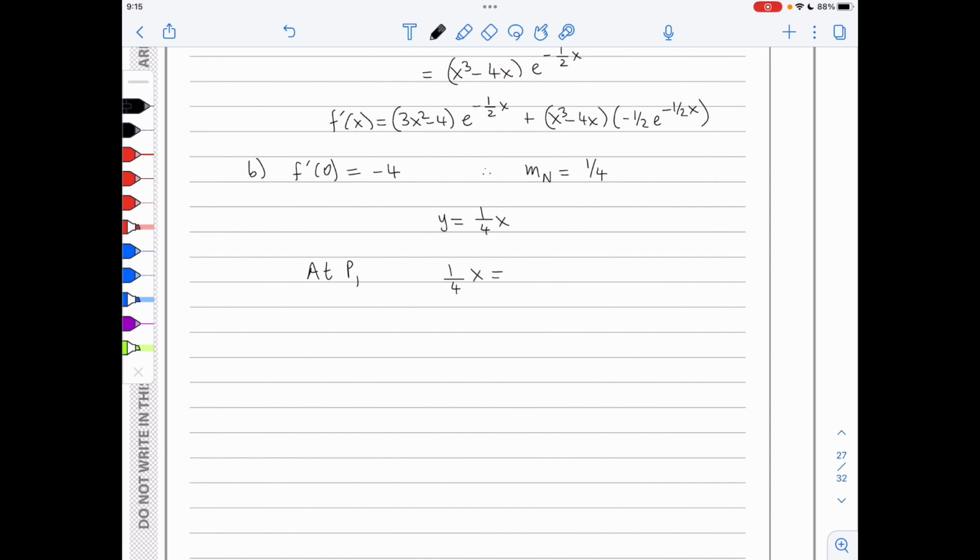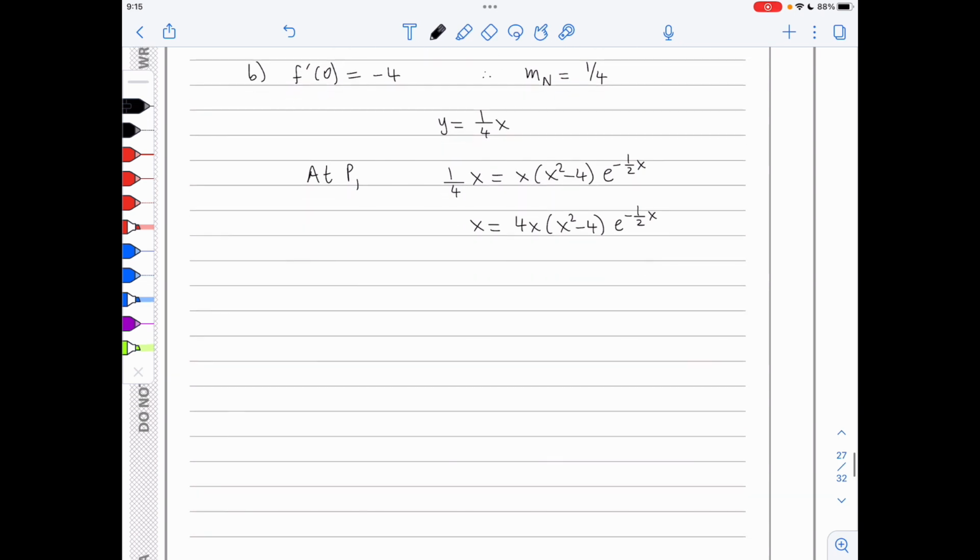So a quarter x is x brackets x squared minus 4 e to the minus a half x. So I will start by getting rid of the over 4, which means that x is 4x brackets x squared minus 4 e to the minus a half x. I will collect everything on the right hand side to give me 0 is 4x brackets x squared minus 4 e to the minus a half x minus x.